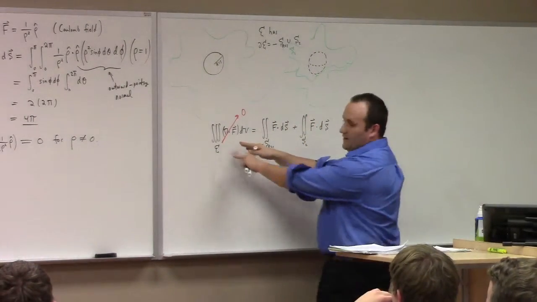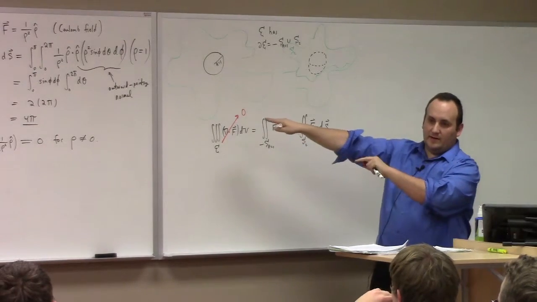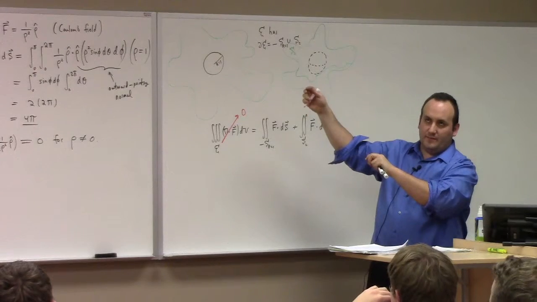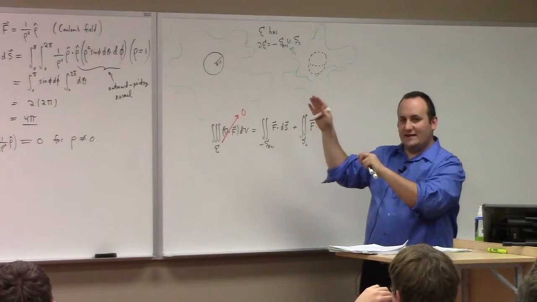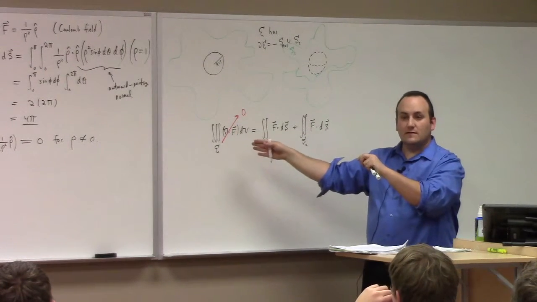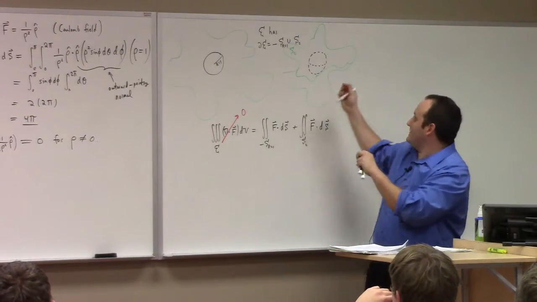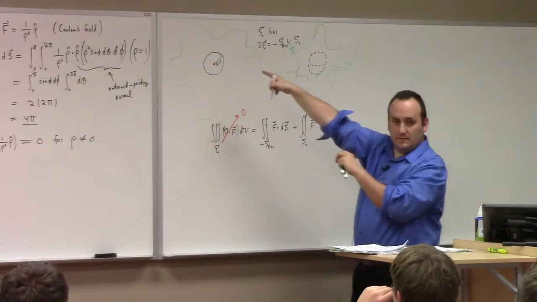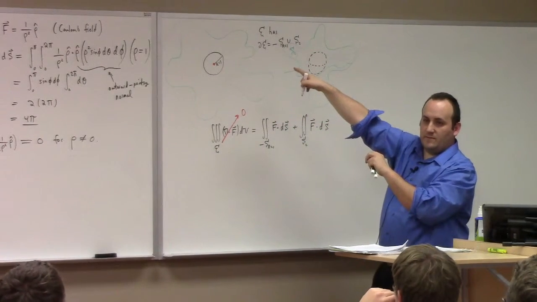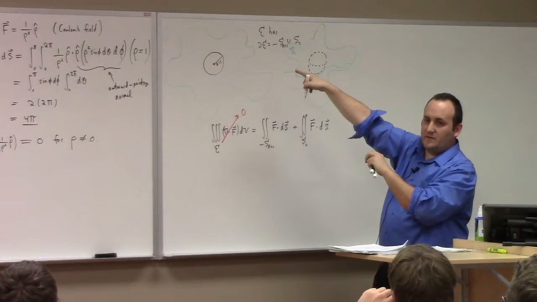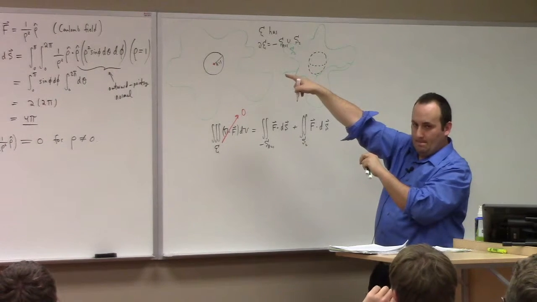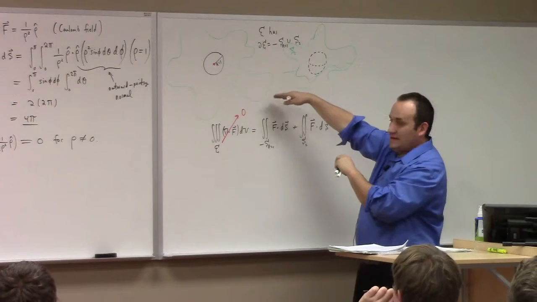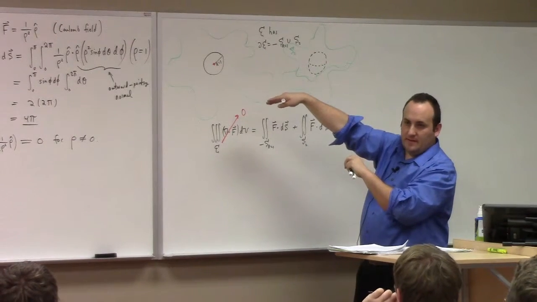Because the origin is not actually part of the point set E. That's a problem point for this vector field, this Coulomb field. The Coulomb field diverges at that point, but that's not a problem because that point's not actually in E as a point set.